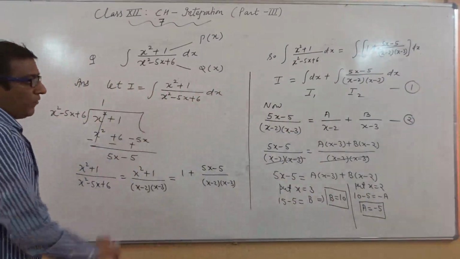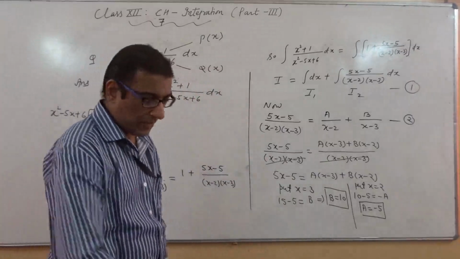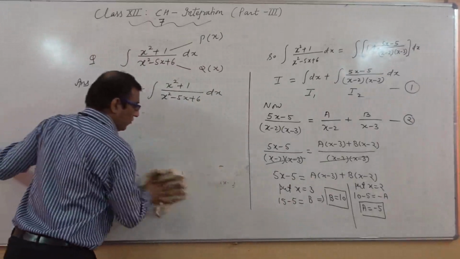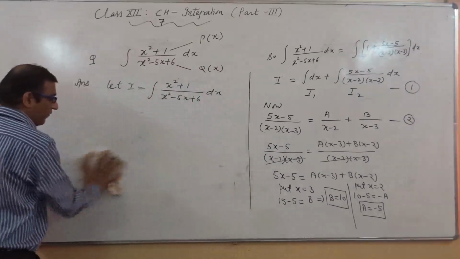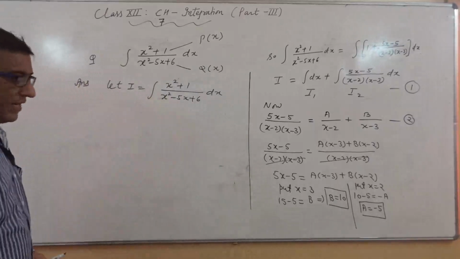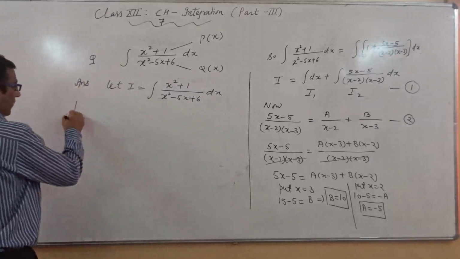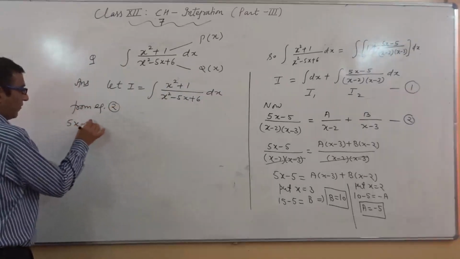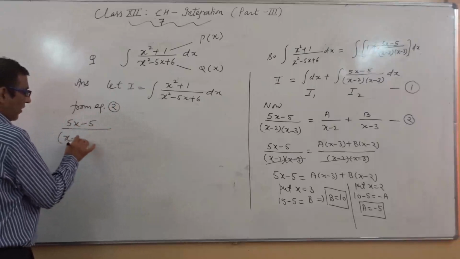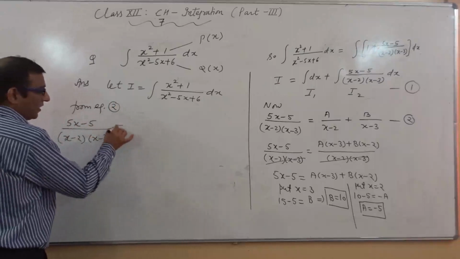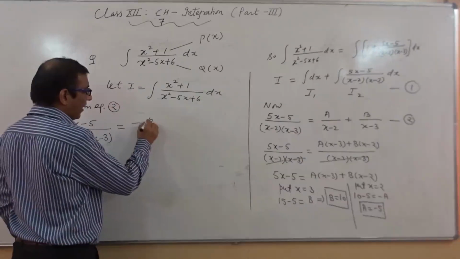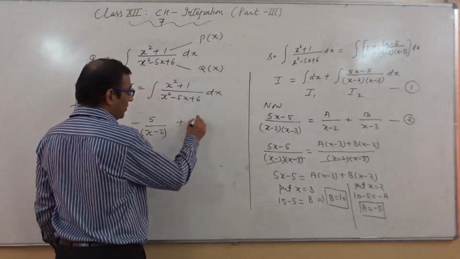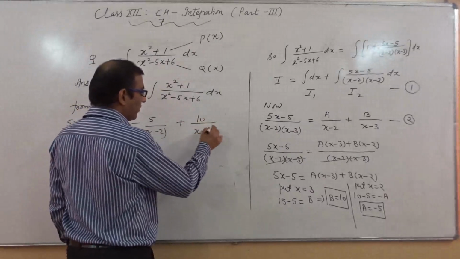Okay, we will put the values of A and B again in equation number second. So from equation number second we can say (5x − 5)/((x − 2)(x − 3)) can be written as −5/(x − 2) + 10/(x − 3).